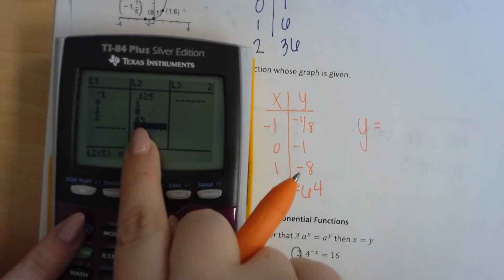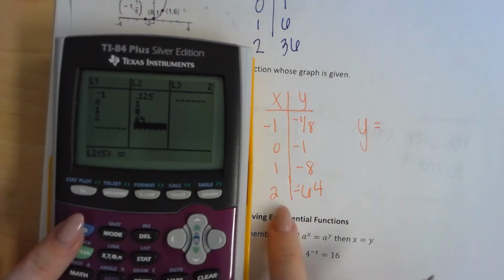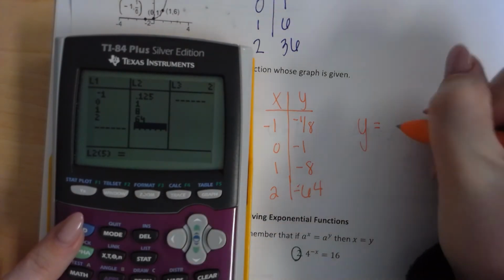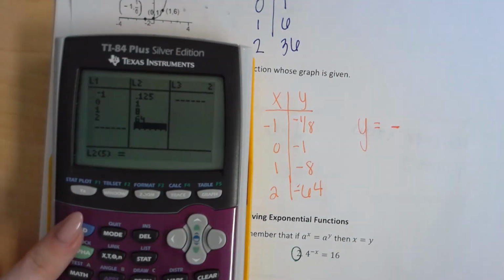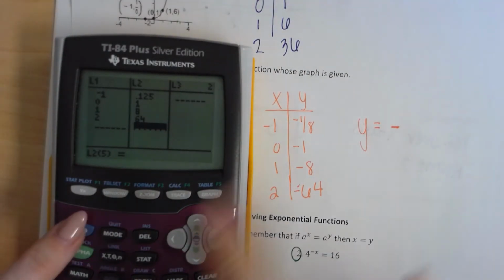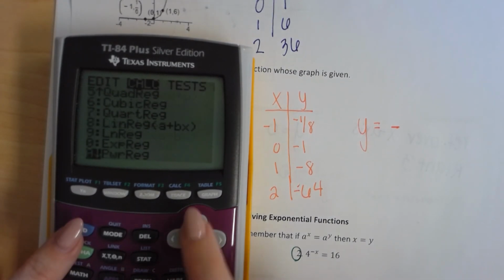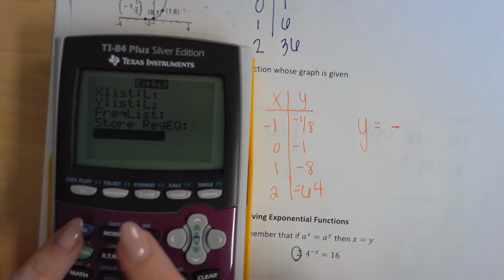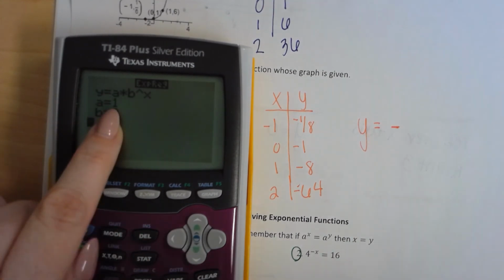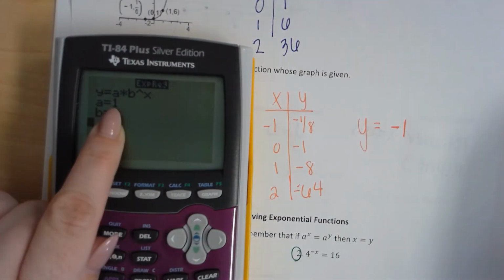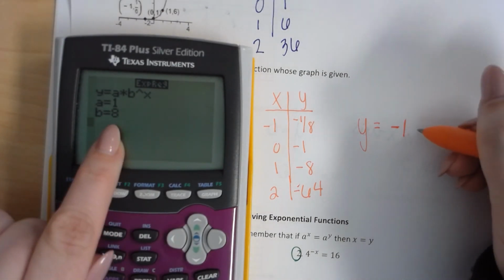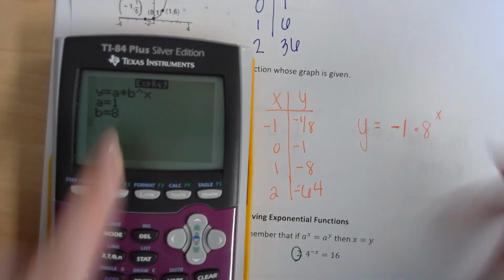However, if I get rid of the negatives, the only way that these are going to be negative is if I make a negative in the front, right? Because there's a reflection. So now when I go to Stat, Calculate, now it'll tell me the answer, but I just have to know that I have to make that a -1 times 8 to the x.